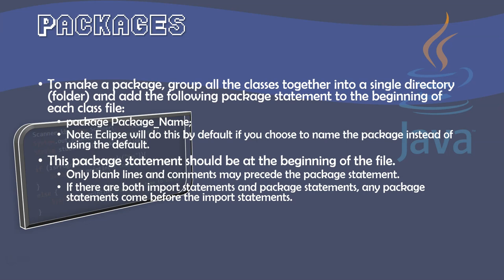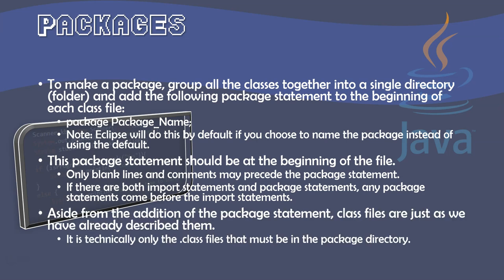If there are both import statements and package statements in your code, any package statement should come before your import statements. And aside from the addition of the package statement, class files are just as we have already described them. It's technically only the .class files that have to be within that package directory. You don't technically need to have the .java files.